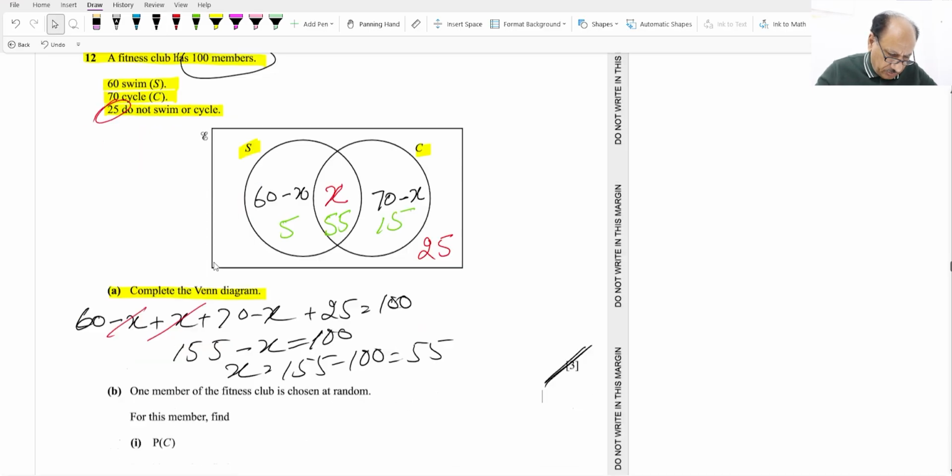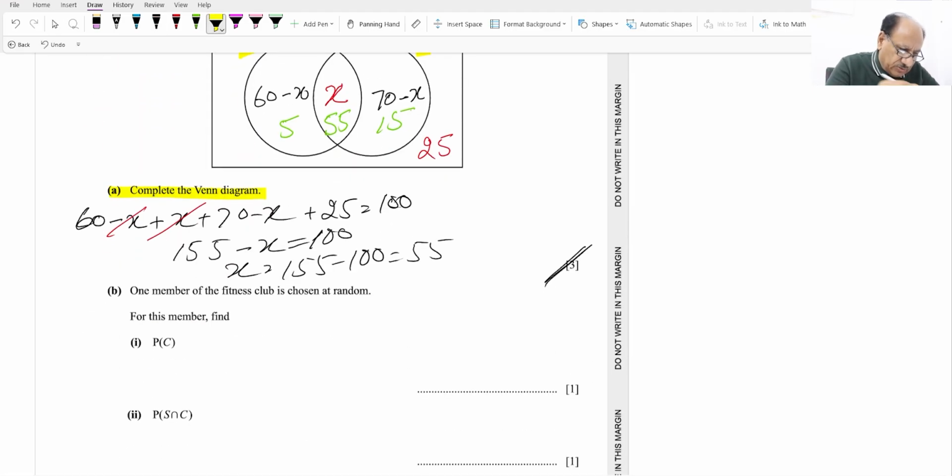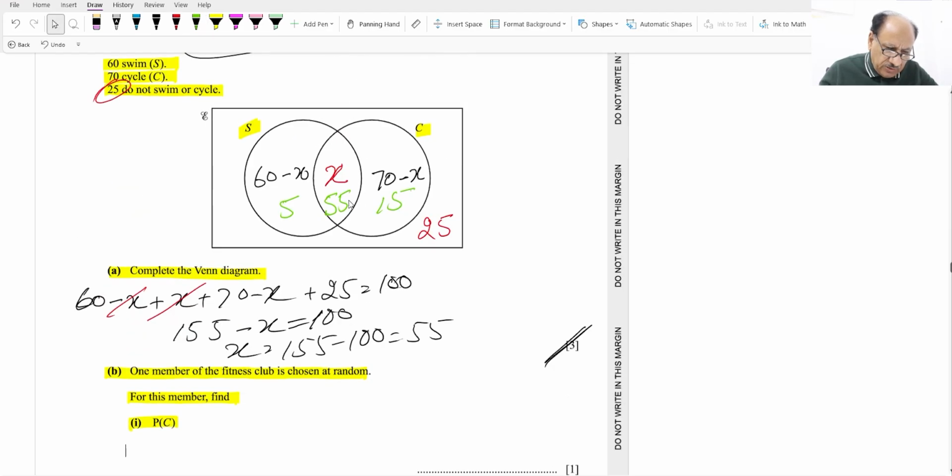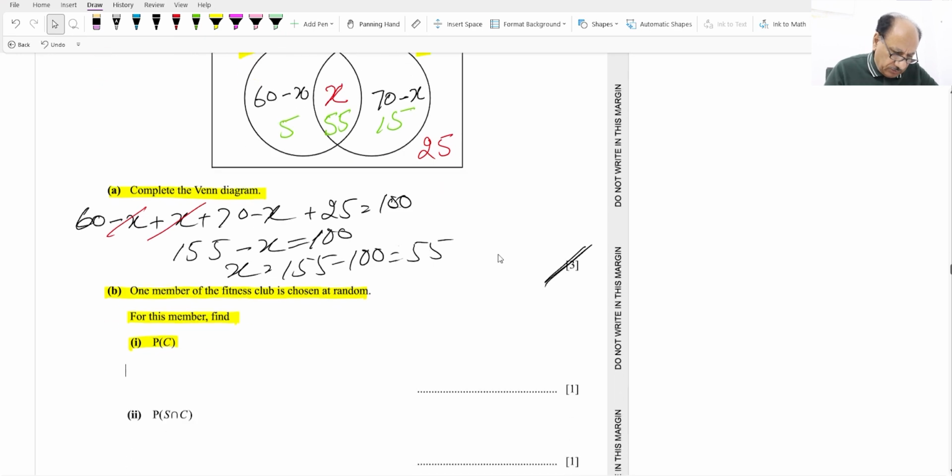Hopefully you understood this. Then for the B part, they are saying one member of the fitness club is chosen at random and find this number. Probability of C. In C, we are having 55 plus 15, so it will be 70. So 70 out of 100 will be the probability for this section.